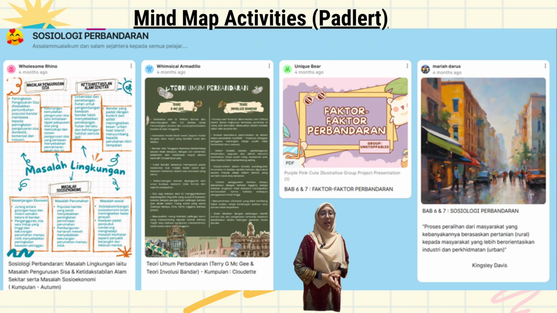Why? According to Knowles' andragogy theory, adult learners bring prior experience that shapes their learning. By starting with Padlet, I acknowledge their individuality and build a more inclusive learning environment, which can encourage and increase engagement and ownership of learning.